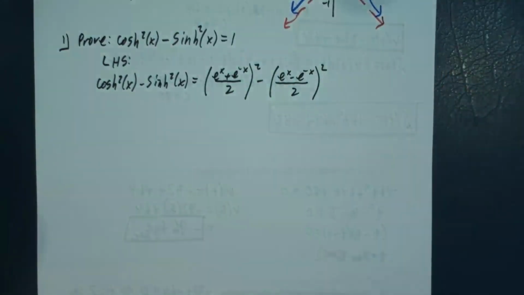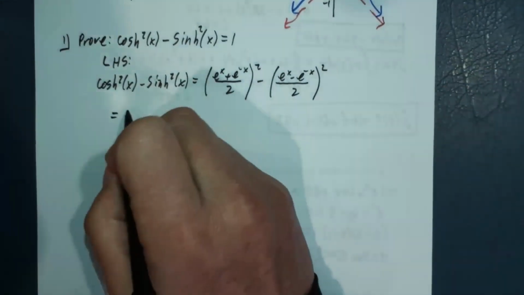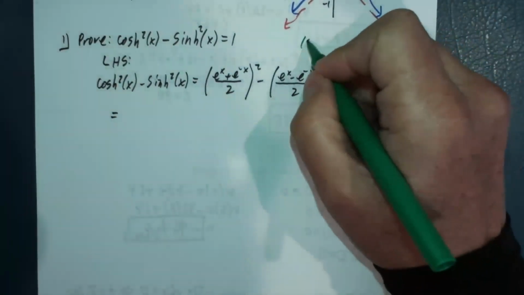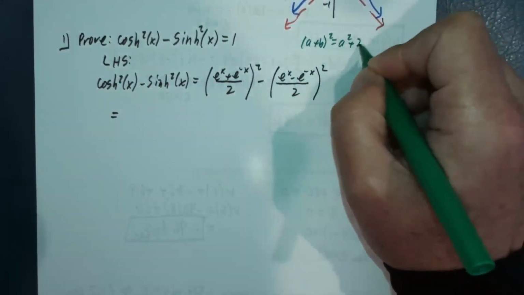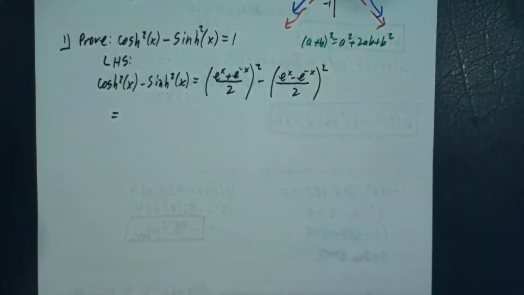I'm going to go ahead and FOIL those out. Of course, I'm going to be using the formula here, where A in this case is e to the x, B in this case is e to the negative x.